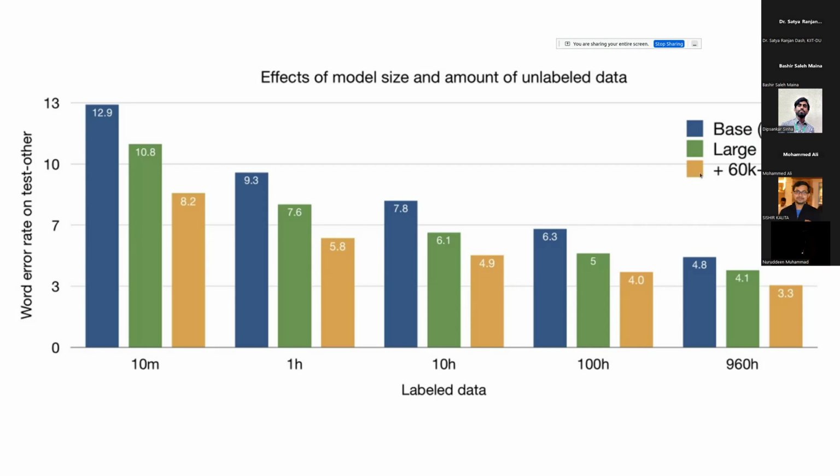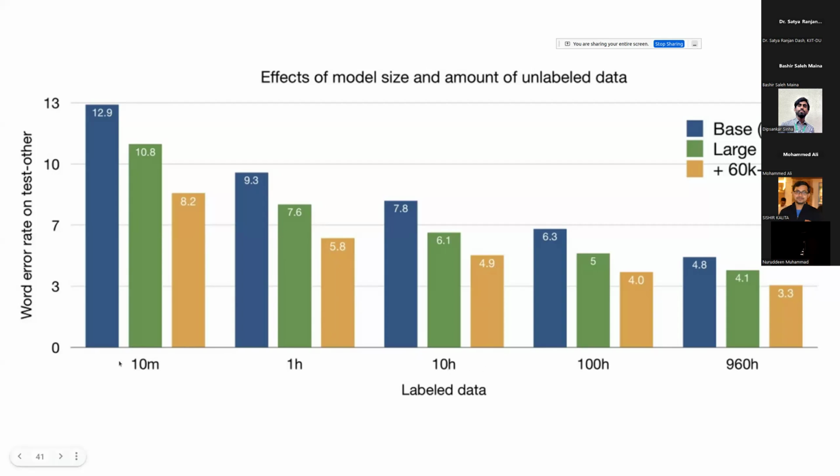If you see here, using this model, if they use only 10 minutes of data to build a speech recognition system, they are getting only 8.2 word error. So it is very good actually. Okay, if they train with only 1 hour of speech data, it is 5.8. If they train with 10 hours of data, it is 4.9.